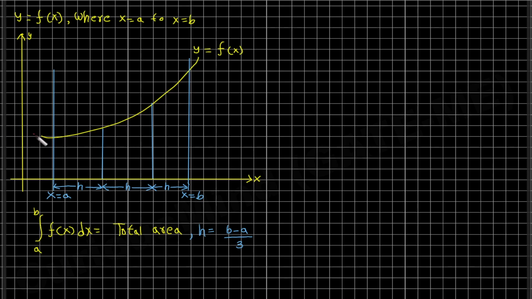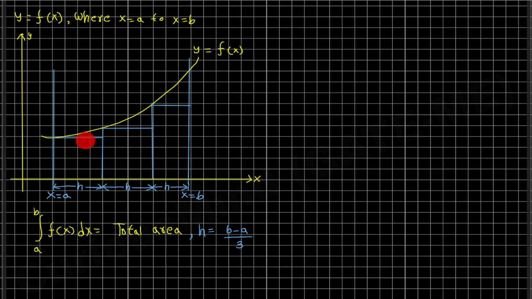Now, if the portion of the curve is assumed to be a horizontal line, like these, all right? So what we did here is we assumed that the curve of function f(x) is approximated into a horizontal line, all right?